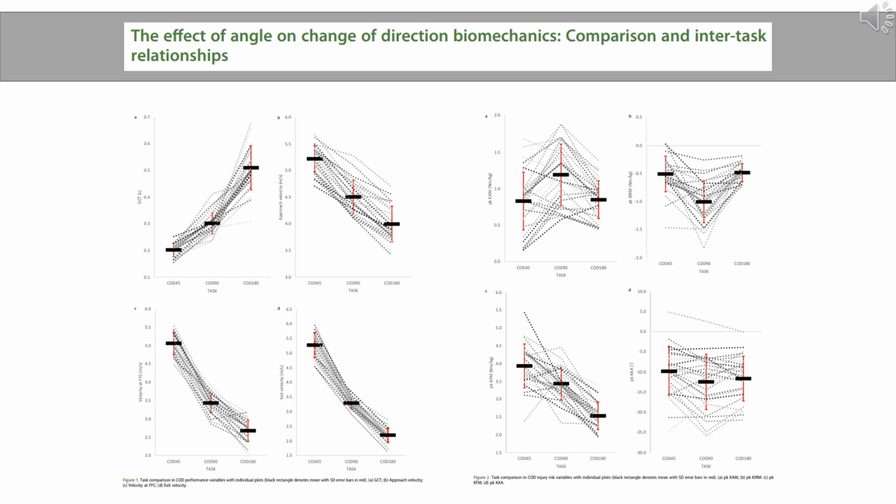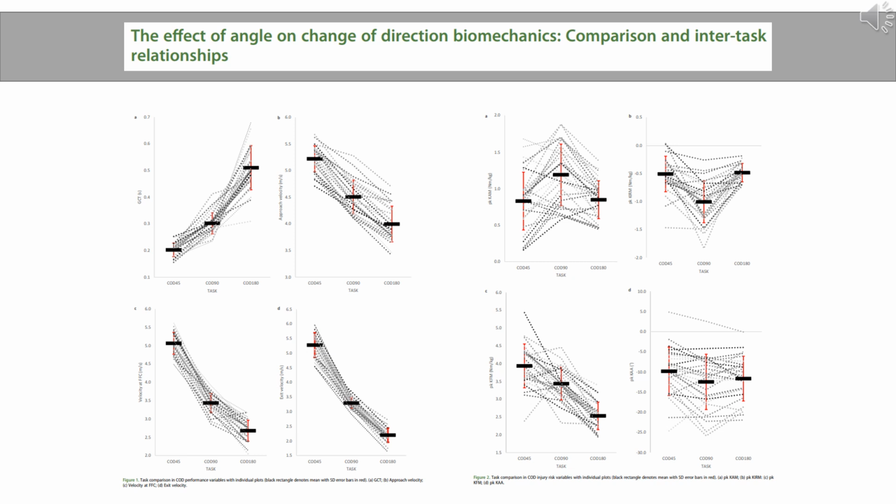If we now go to our second graph, this first graph here is looking at peak knee abduction moment. The second one is peak knee internal rotation moment. This one is peak knee flexion. And this last one is peak knee abduction angle.